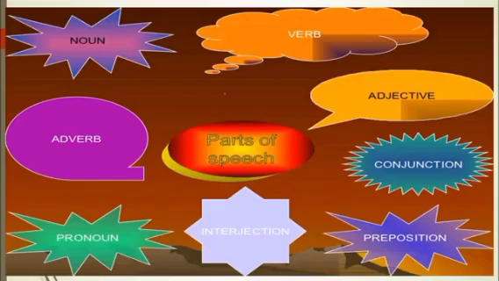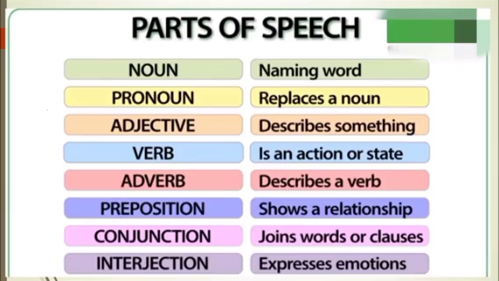So, there are 8 parts of speech in the English language: noun, verb, adjective, conjunction, preposition, interjection, pronoun, and adverb. Each part of speech has a specific use or function.